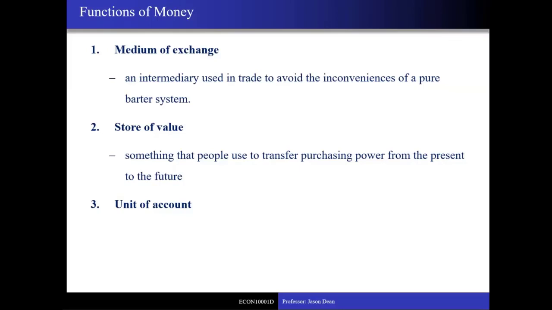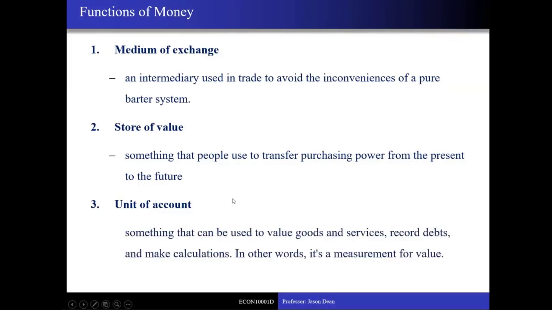So again, it would be very difficult to do any sort of accounting. So money provides a unit of account. So we can write the value of everything in dollars because we use the dollar as our money in Canada. So we can record debt, we can do our proper accounting, etc. So these are the three most important functions of money, the three main functions of money.